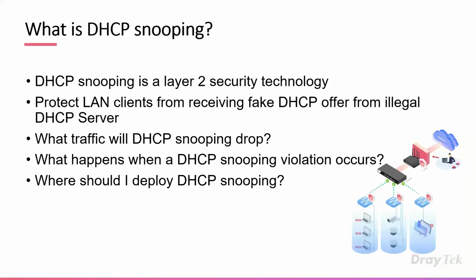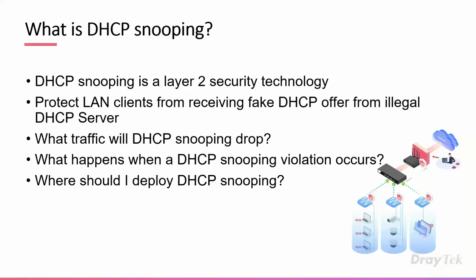The fundamental use case of DHCP snooping is to prevent unauthorized or rogue DHCP servers offering IP addresses to DHCP clients. Rogue DHCP servers are often used in man-in-the-middle attacks or denial-of-service attacks for obviously malicious purposes.